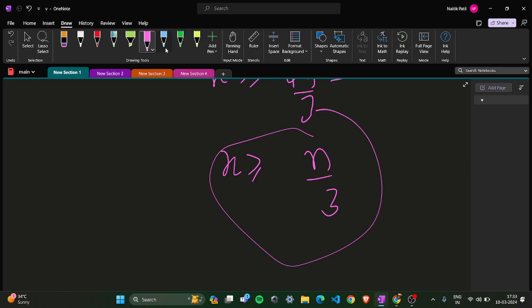So this tells us that we should have at least n by 3 elements which will be at their desired position in the given array. We just need n by 3 such elements for which a of i equals i in the resulting array.